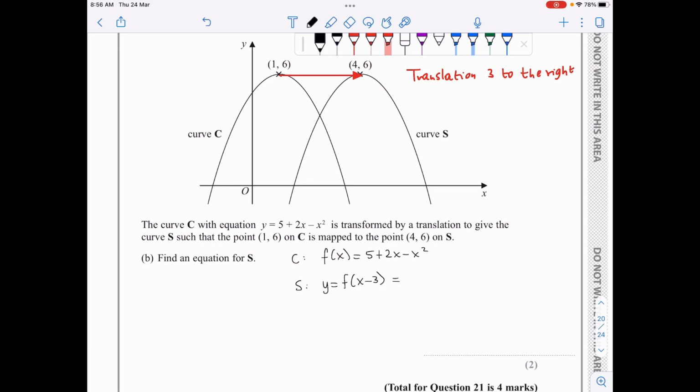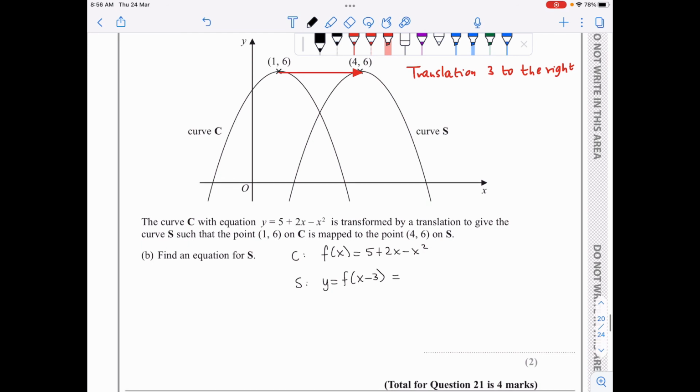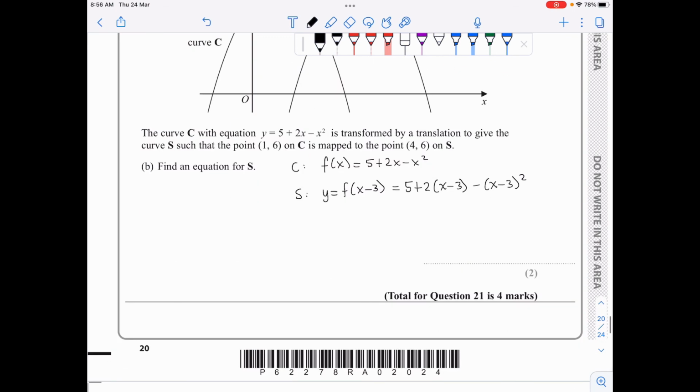Now this means that wherever I had an x, I now replace it with x minus 3, so this will be 5 plus 2 brackets x minus 3 minus (x minus 3) squared. And there is no need to expand this. We haven't been told to give it in a particular form. So this is where we can stop as the final answer.